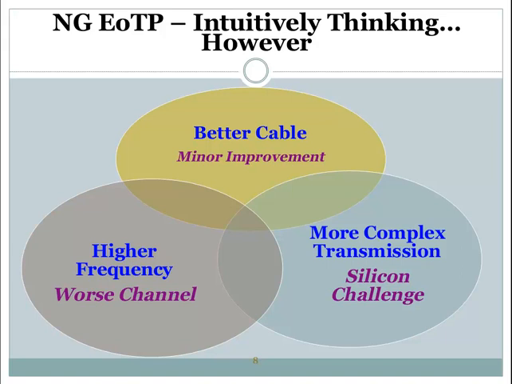This is restricted by the conductor material, the copper itself. If we go to even higher frequency, the channel is degraded rapidly. So we are actually transmitting on a worse channel. Or can we use more complex transmission schemes? Yes, but we will face the silicon challenge: how to design a low-cost, low-power chipset for the transceivers.